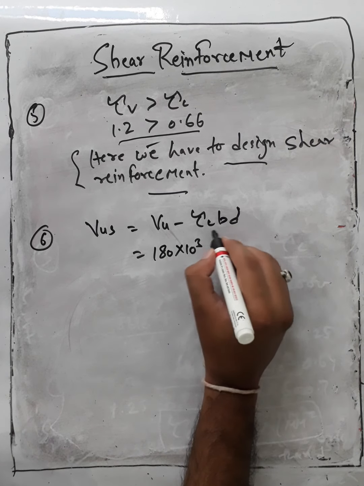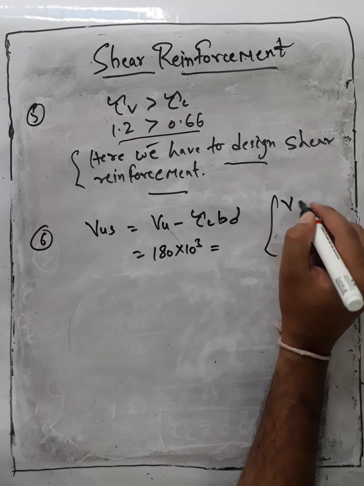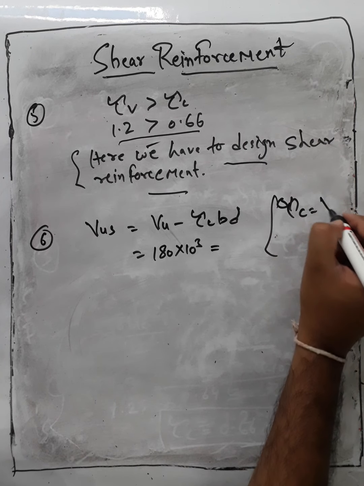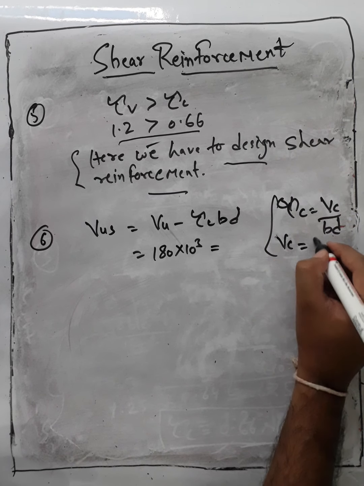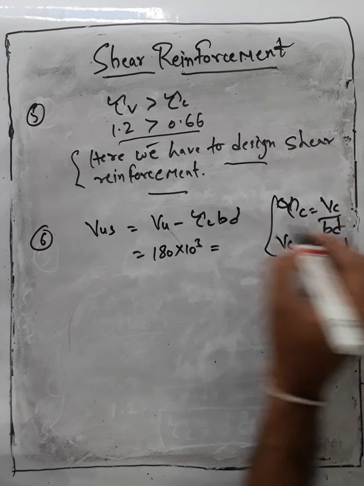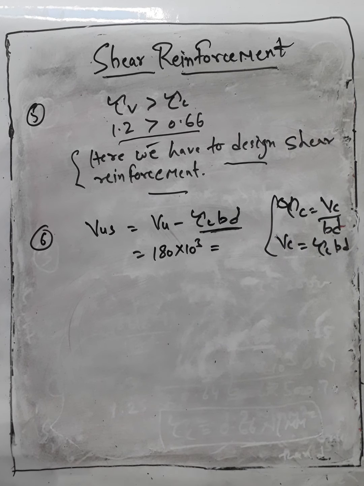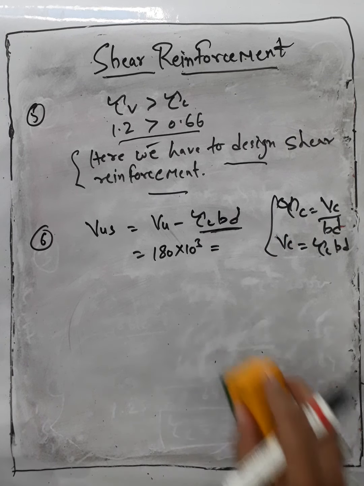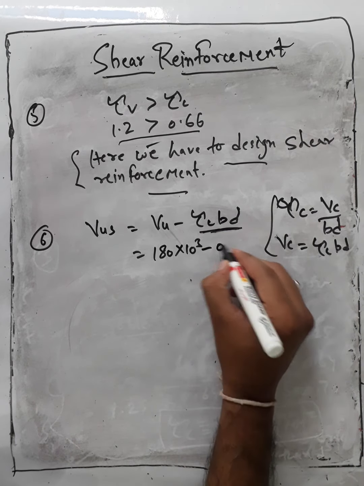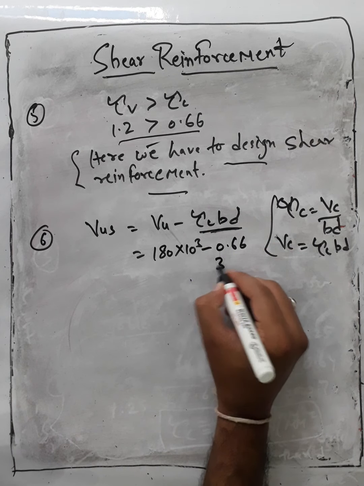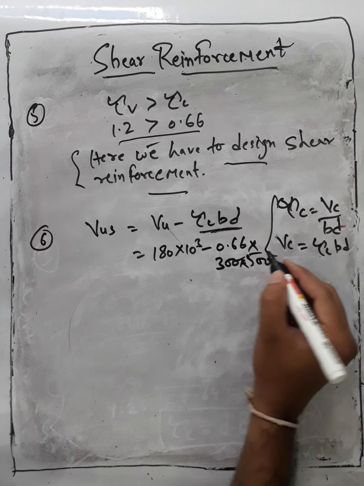Here we also find VC. Tau c b d, if you know it, we call it VC, so tau c is equal to VC upon b d. Now we have to find VC, so VC is equal to tau c b d, where tau c is 0.66, b is 300 and d is 500.